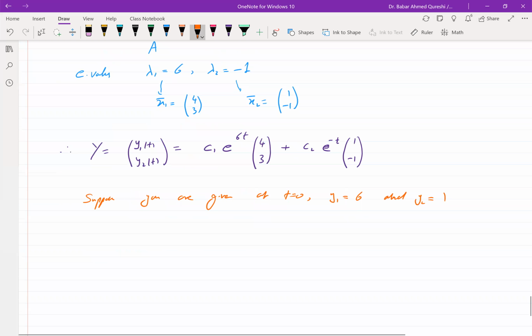Then what would that mean? That means y1 is 6, y2 is 1, and this is equal to C1, I'm computing it at 0 time.